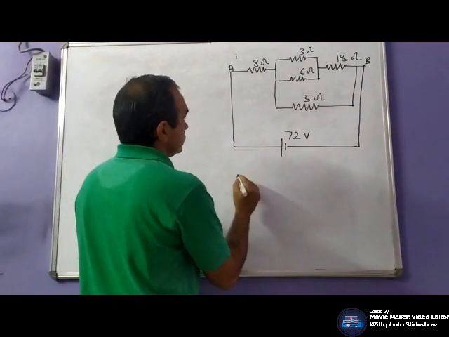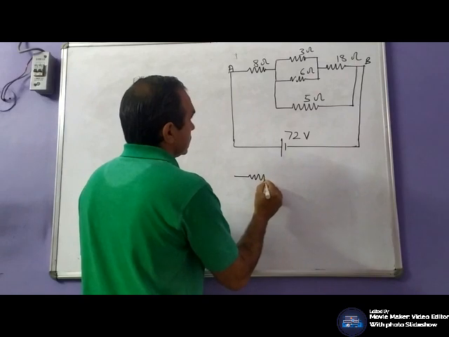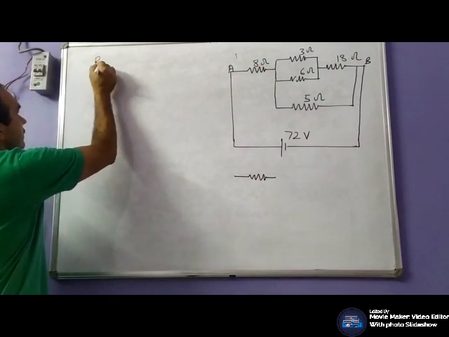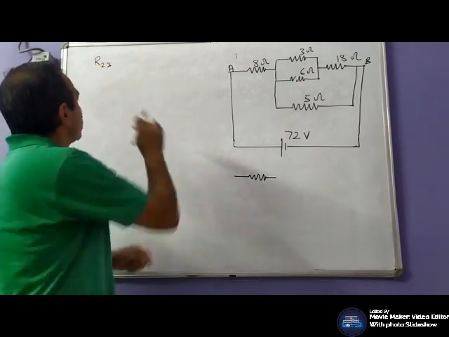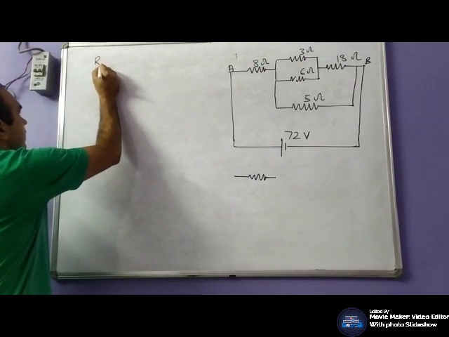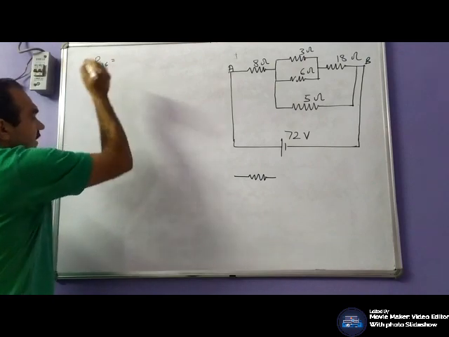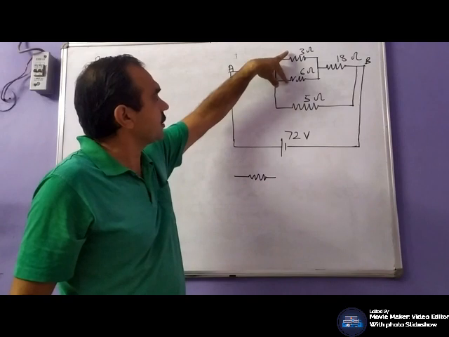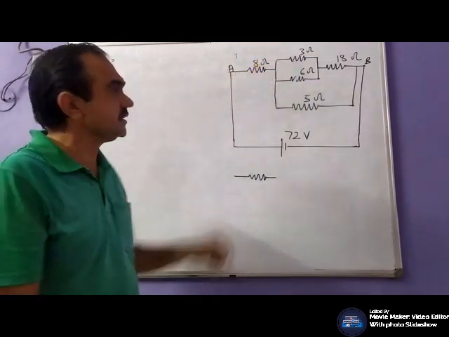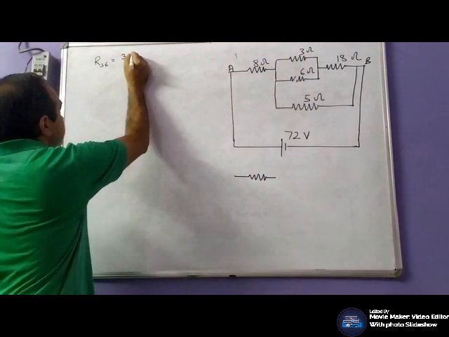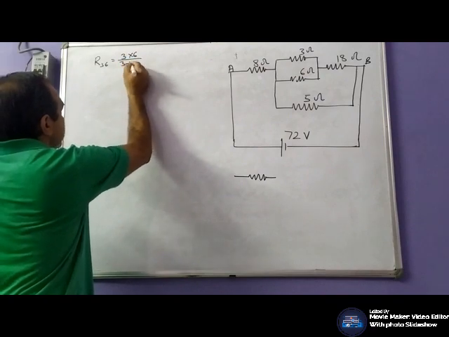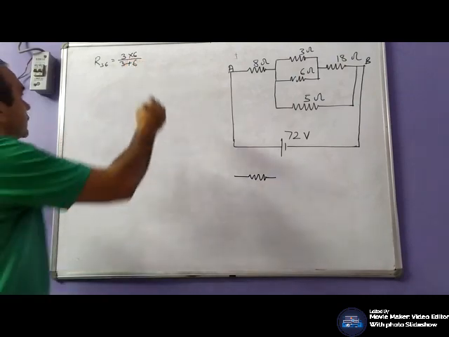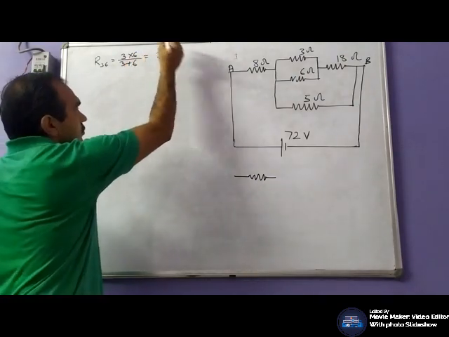First, the 3 ohm branch and the 6 ohm branch. What would be the equivalent resistance of these two branches? 3 and 6 are connected in parallel, so 3 into 6 over 3 plus 6 is 2 ohm.